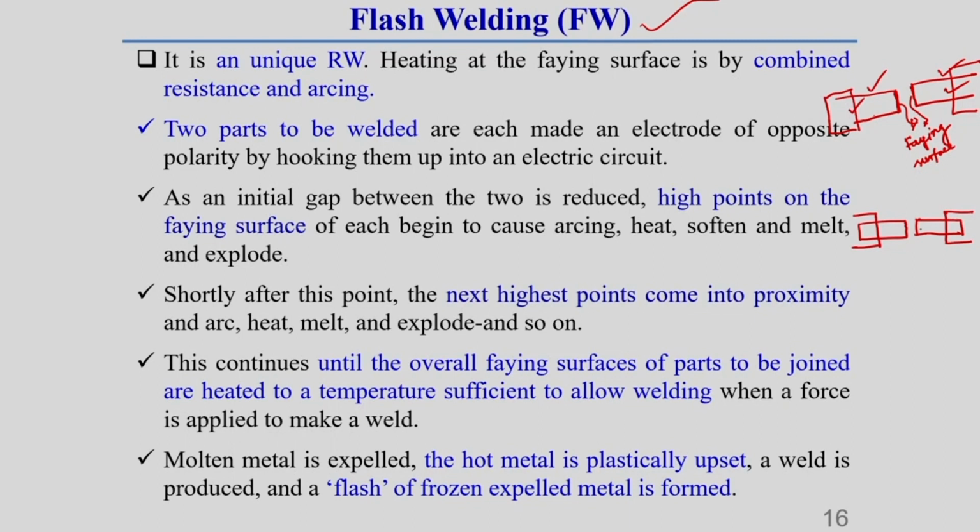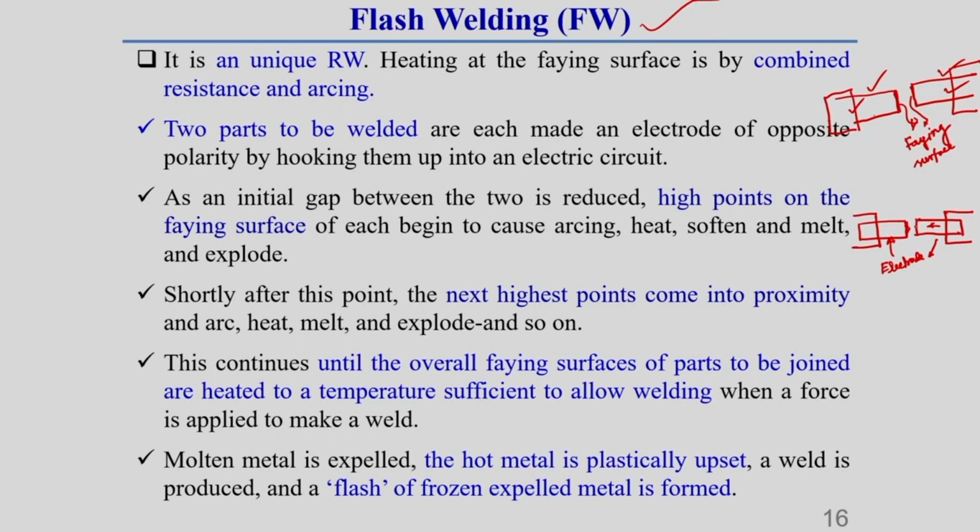What we can do is make one workpiece fixed and the other movable. You see these two workpieces are connected to the two electrodes, so the workpieces themselves act as electrodes. Now, once these two workpieces come closer to each other, due to the high current passing through the two electrodes, at the location where the points are closest to each other, some flashing effect or arc will develop.